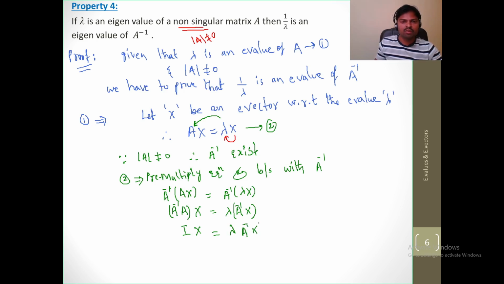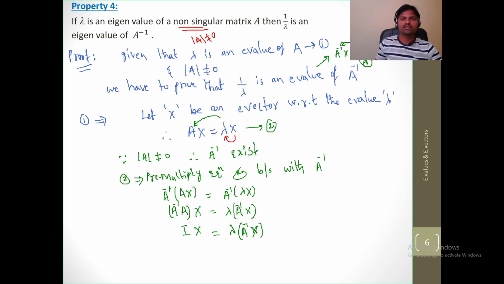What is our main goal? Our main goal is to prove that 1 by lambda is an eigenvalue of A inverse. That means I have to prove this equation: A inverse into x is equal to 1 by lambda into x. Look, lambda is an eigenvalue of A in this equation.